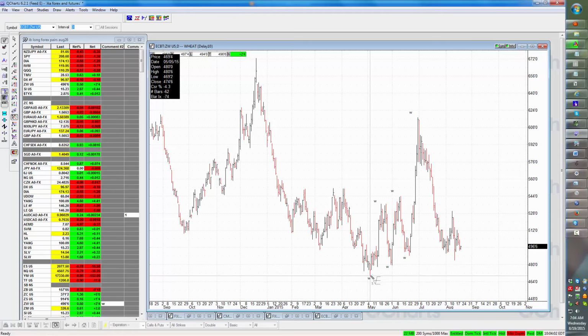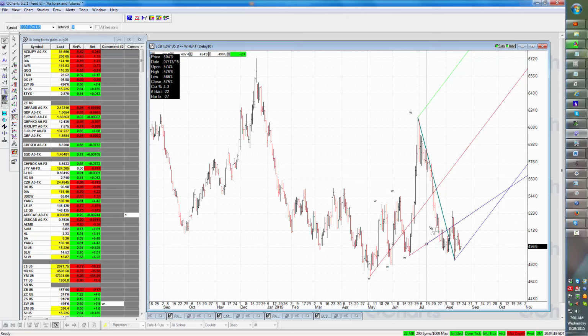The other kinds of pivots I look at are majors, and majors usually have a couple of min ones or more in between. So, for example, I could technically use this one here.